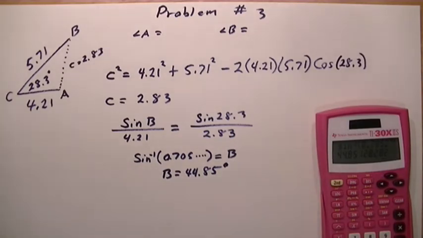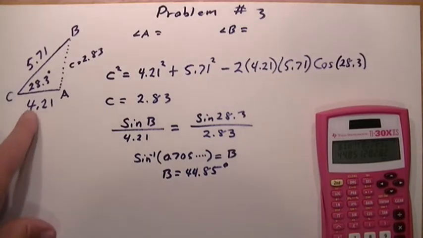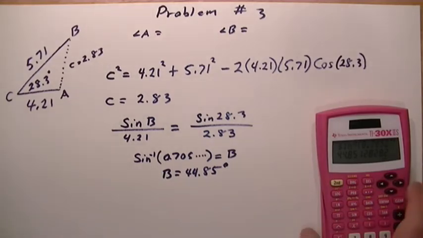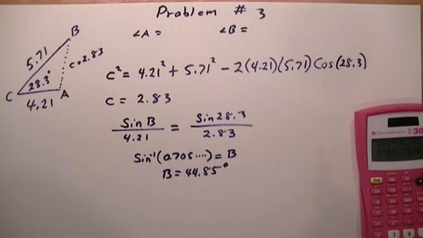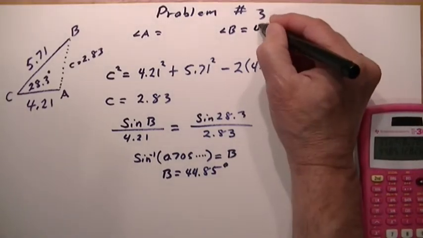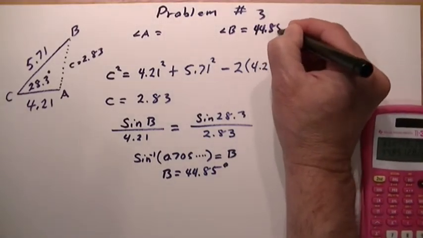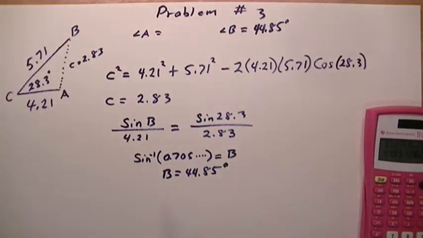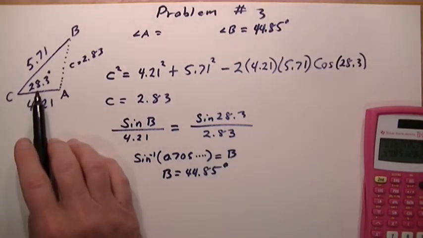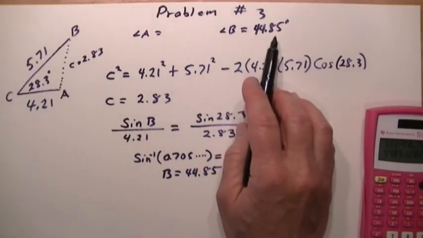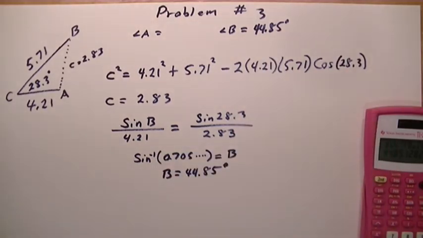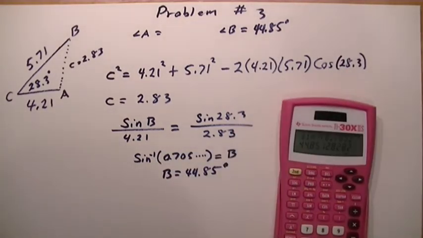And that kind of makes sense. That's about twice the angle and not quite twice the length opposite, but you kind of get the idea. Okay, so now I can take my B value to the bank, 44.85. Then I can simply take my 28.3 and my 44.85 and subtract those from 180, which I'm just going to do right here.